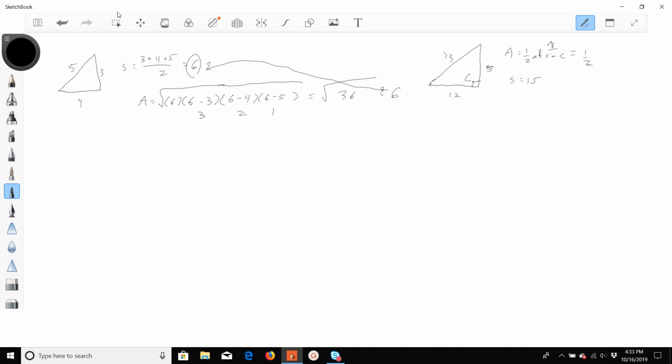I mean, let's see. The semiperimeter would have to be the area. This is C, so this is a and b. So the area by this formula is 1/2 times 5 times 12, which is 30.